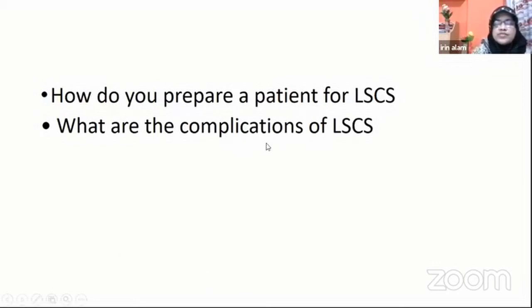During surgery, there may be excessive hemorrhage, there may be injury to the surrounding tissue, and complications which occur after a few days: there may be wound infection, wound discharge, wound dehiscence. And remote complication, which occurs late after cesarean section, that there may be rupture of the scar in the next pregnancy. These are the complications.